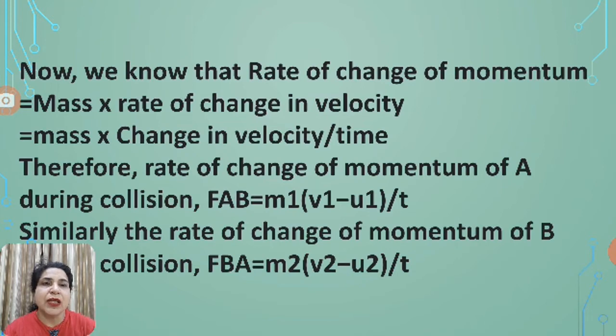So the rate of change of momentum for body A, the force due to A on B, FAB, is m1 (v1 minus u1) upon t. Similarly, the rate of change of momentum of body B, that is the force due to B on A, is m2 (v2 minus u2) upon t.